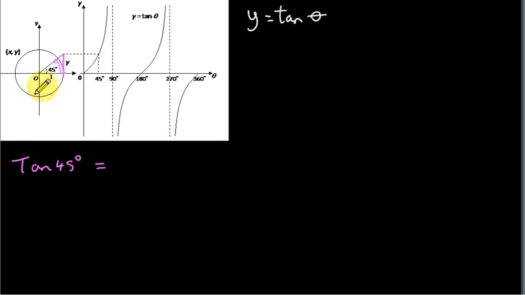The tan of 45 degrees is the side opposite 45 degrees, which we're calling y, divided by the side adjacent to 45 degrees, which is 1. But y divided by 1 is just y. So you can see the length of the tangent cut off by this angle is the tan of 45. So the word tan literally comes from tangent.